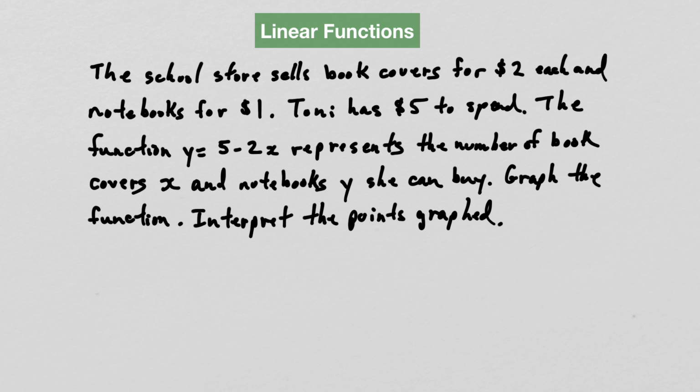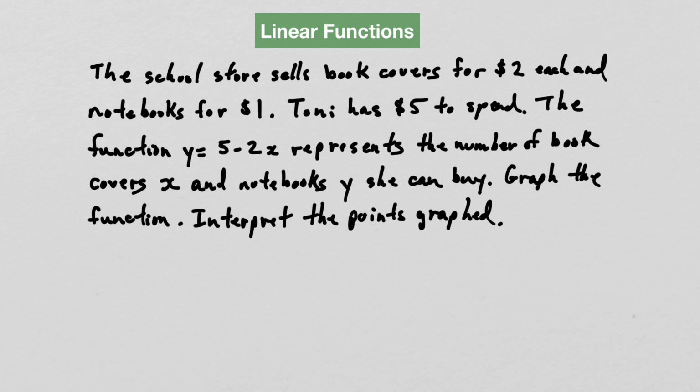And then the next sentence says the function y equals 5 minus 2x represents the number of book covers, x, and notebooks, y, she can buy. Okay, so book covers is x, notebooks is y. And then there's some sort of relationship, and that relationship is represented by the function y equals 5 minus 2x.